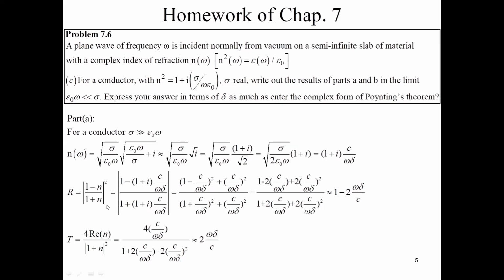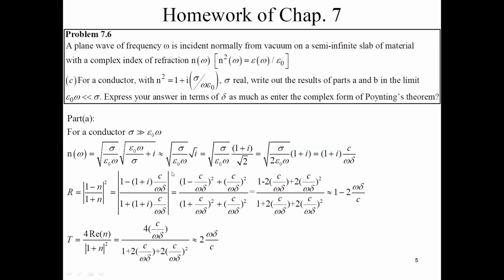For part A, we can easily show that the reflection coefficient is equal to this, as we got from part A. Then here we change n into this form, and then just separate the real part and imaginary part squared.